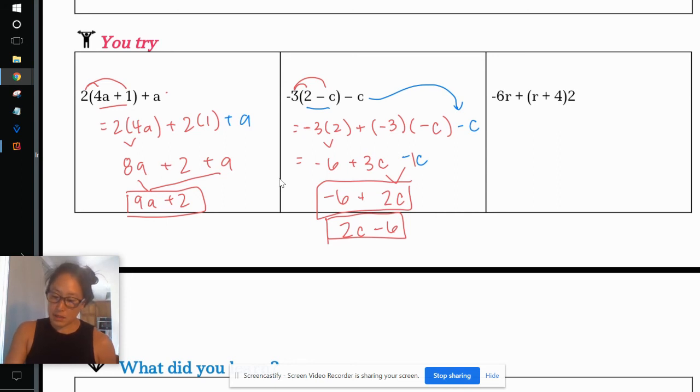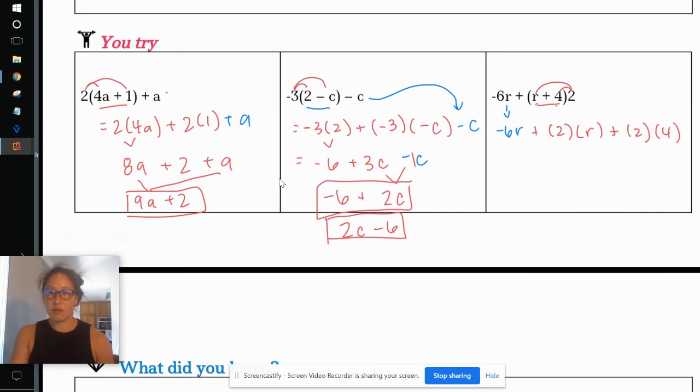All right, last one. Looking inside the parentheses first, can I combine r plus 4? No, so I need to distribute the 2 into the set of parentheses. I can see that I need to bring down the 6r to begin with. Okay, so I'm going to do plus 2 times r plus 2 times 4. So 2 is being multiplied by the r and the 4.